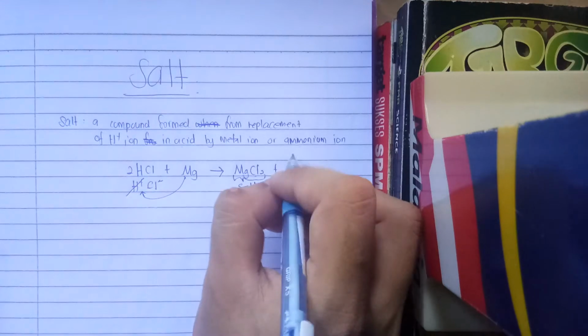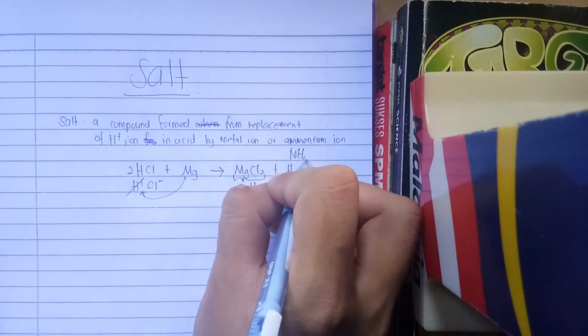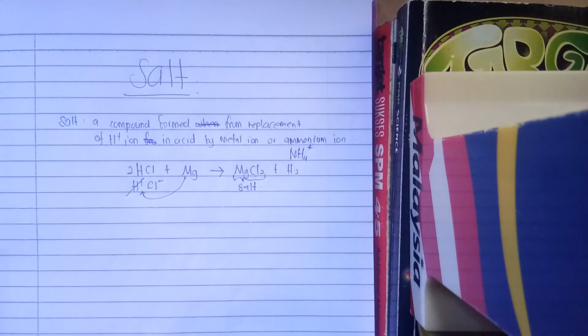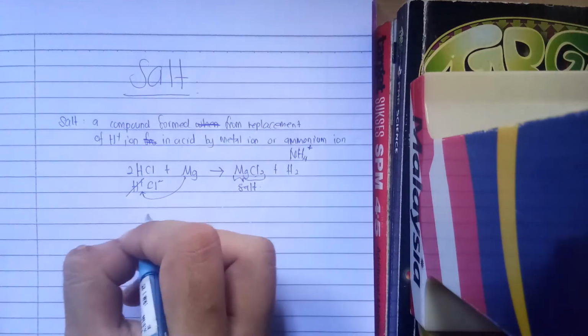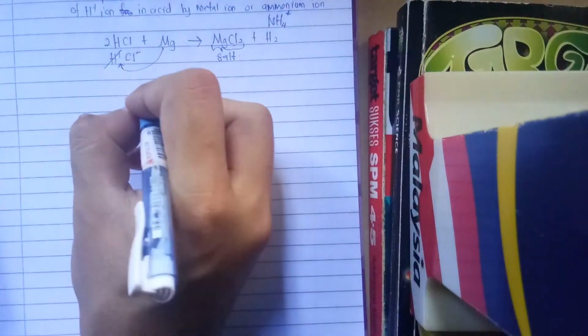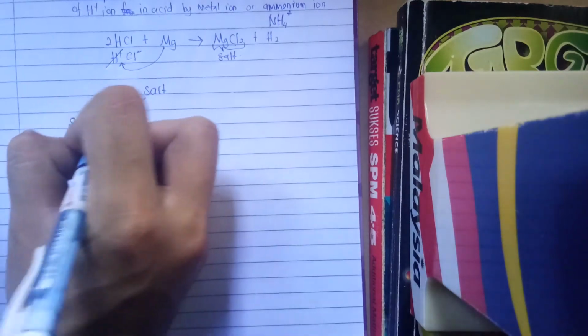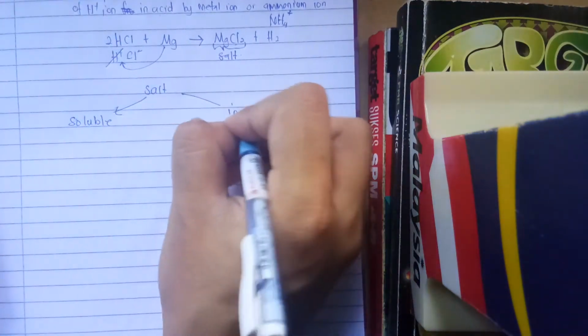Okay, so for your information, ammonium ion is NH4 plus ion. We call it ammonium, the charge is positive 1. So salts can be classified into two types, which is soluble and insoluble salt.